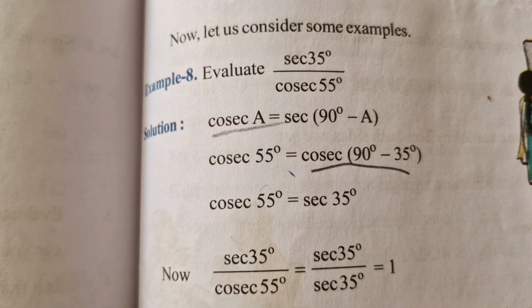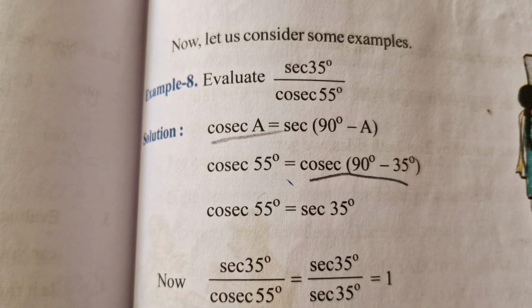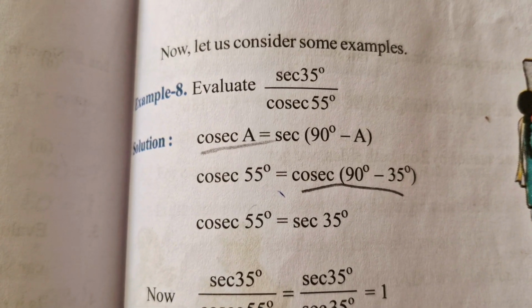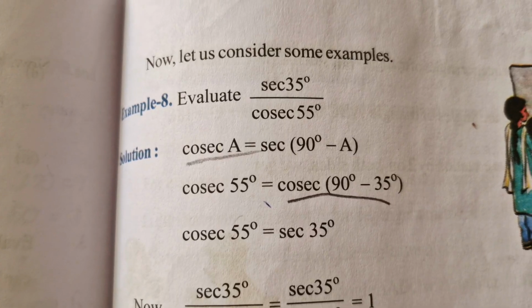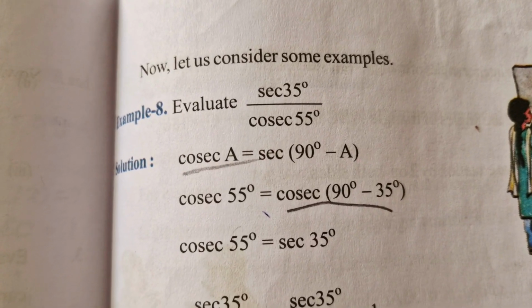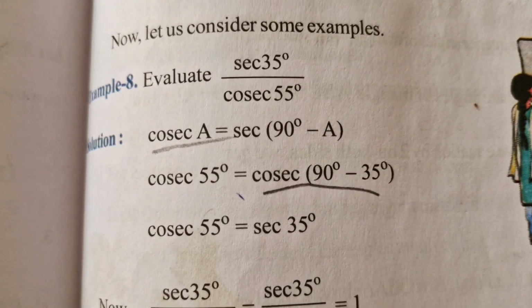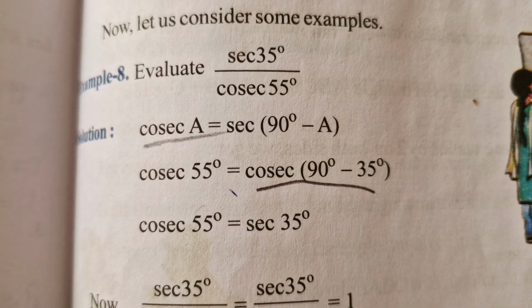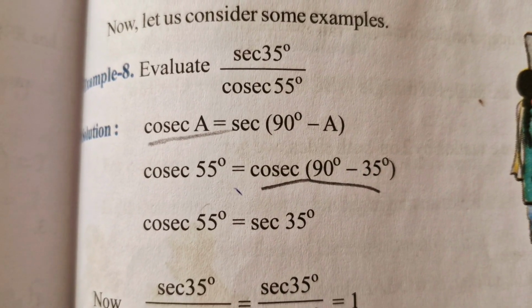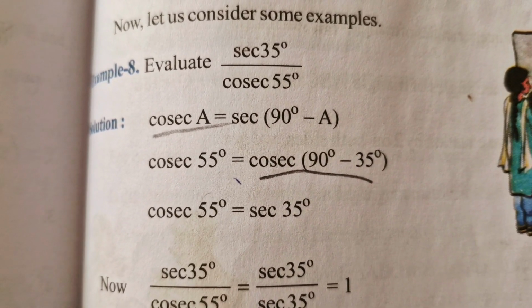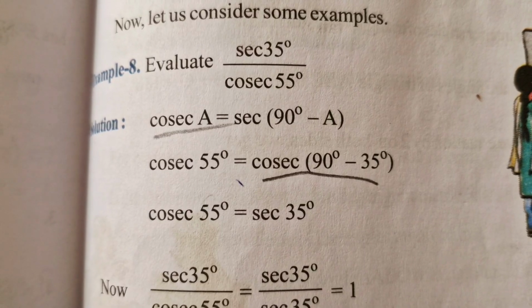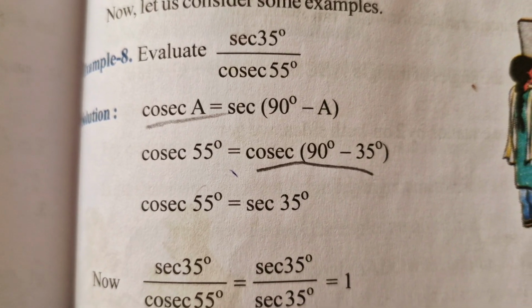So let us move on to another example, which is example 8. Evaluate secant 30 by cosecant 55. In the previous two videos, I have told you all the formulas, all the complementary angle formulas, that you need for 10th trigonometry.